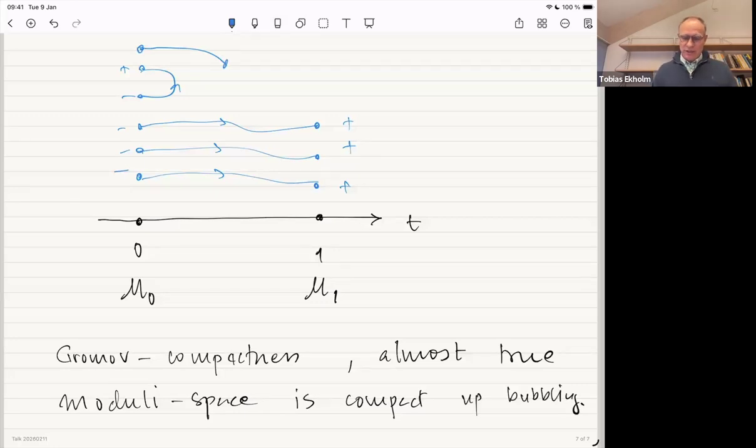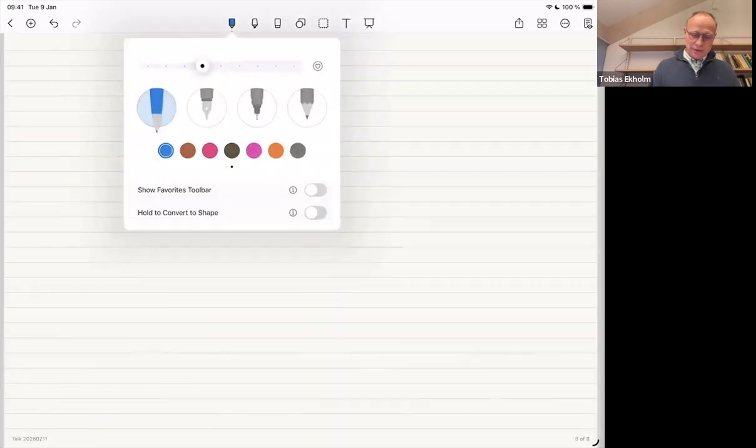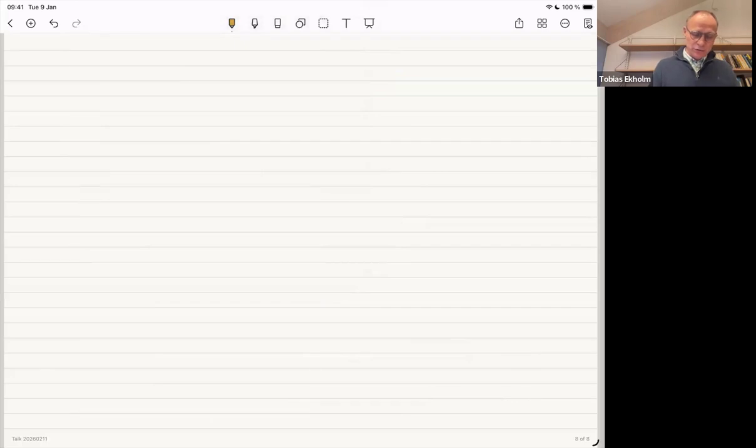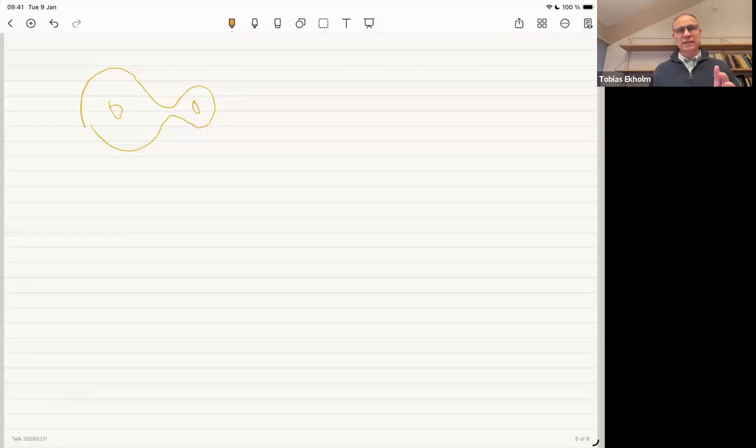We know how it happens: we have this holomorphic curve, and I'm drawing it like here. We have closed curves, and then this region in the curve pinches, and in the limit something bubbles off like that.